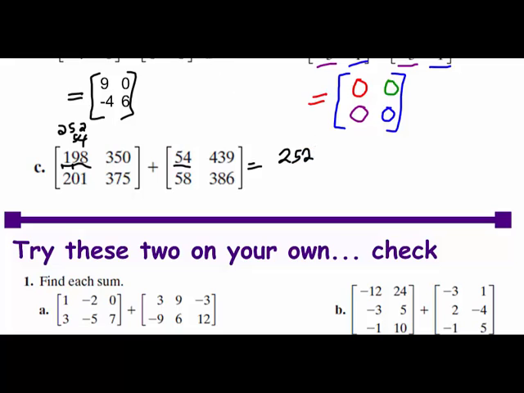It's probably painful to watch me have to type or write so slowly. 350 plus 439. Let's see, 0 plus 9 is 9. And 5 plus 3 is 8. And 3 plus 4 is 7. 789. There we go. That's a nice one. 201 plus 58. So I'm going to take that 58, and add 201. 259.